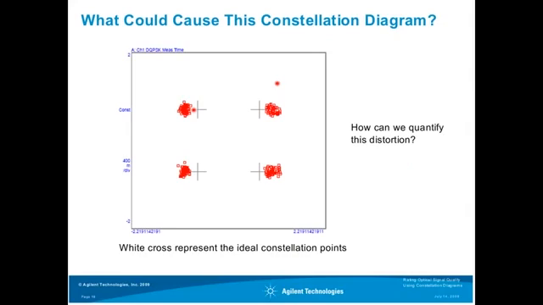Ideally, you have only one point at each constellation and not this kind of cloud. Of course, the reality is not ideal, so we have some noise, and this cloud represents the noise of our system.